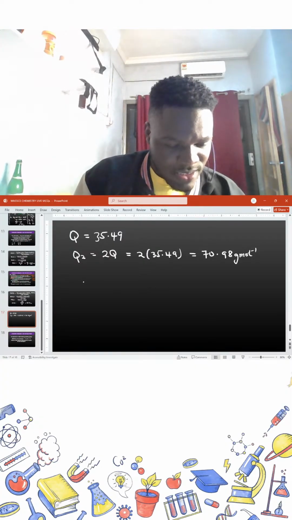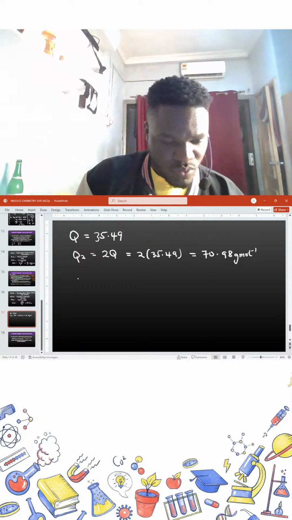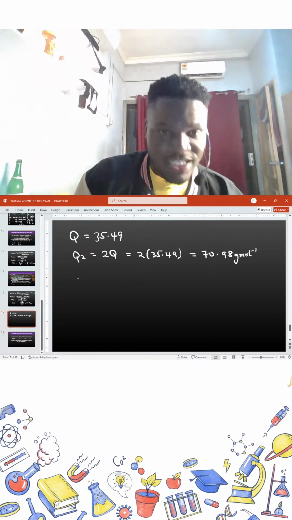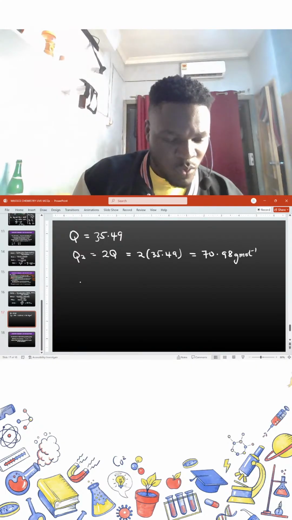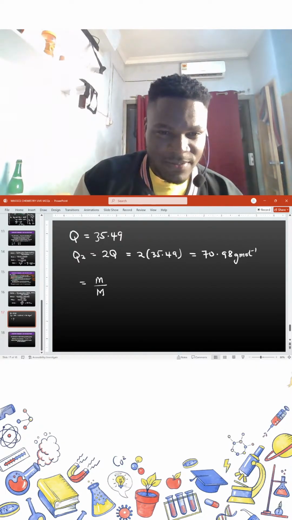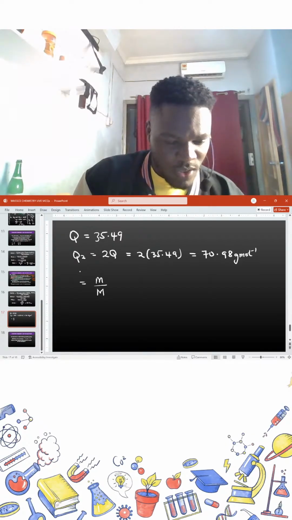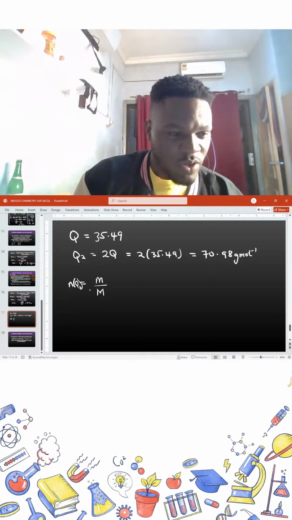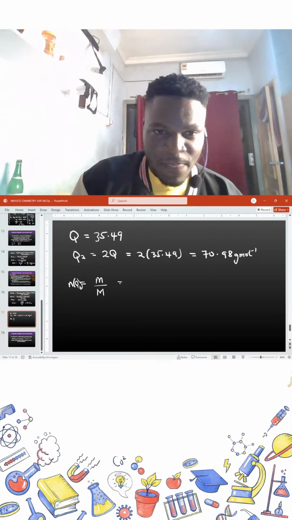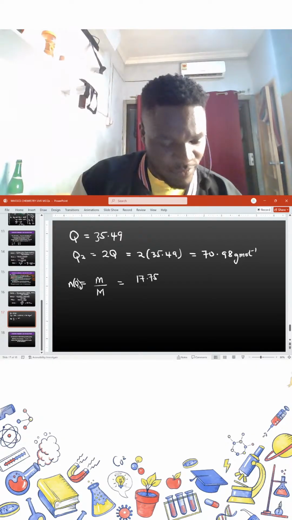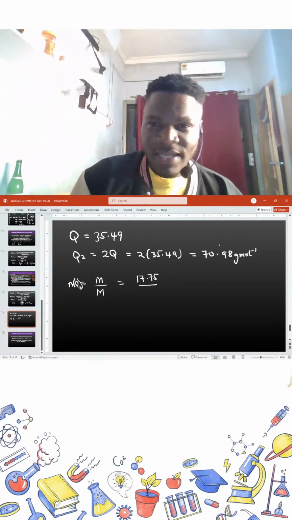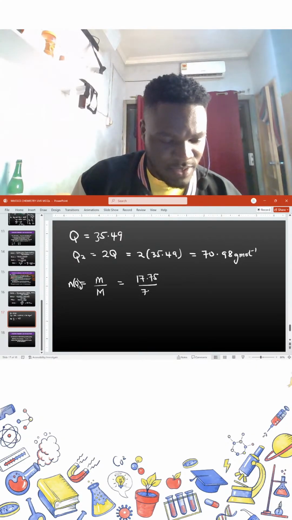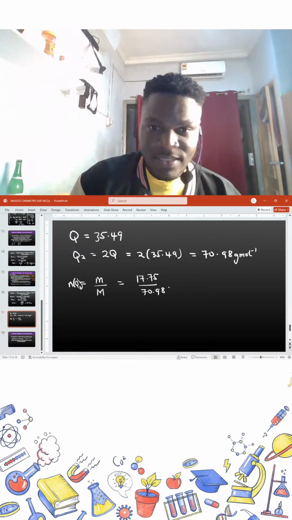Now when we want to calculate the number of moles present in Q2, we know mole is mass over molar mass. So the moles of Q2, n of Q2, is mass over molar mass. The question gave us the mass to be 17.75, and then we divide by the molar mass, which is 70.98.